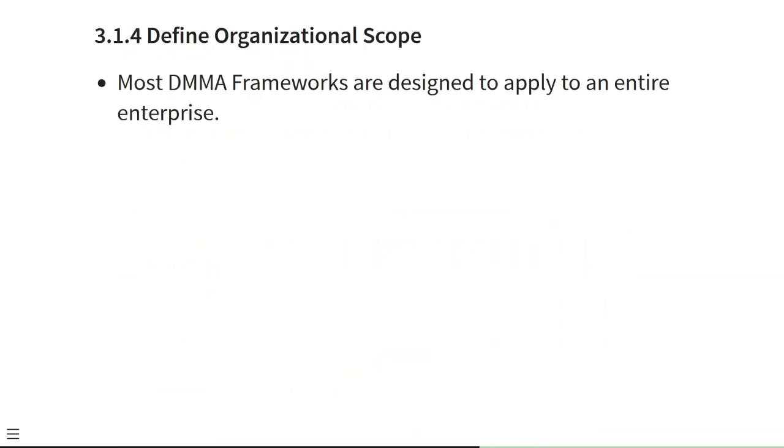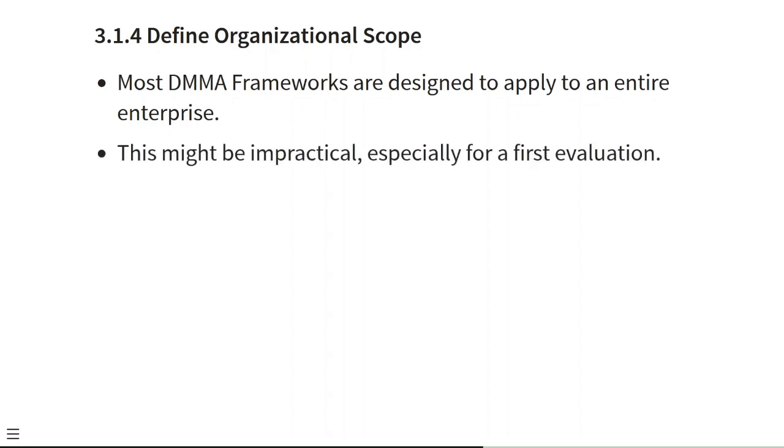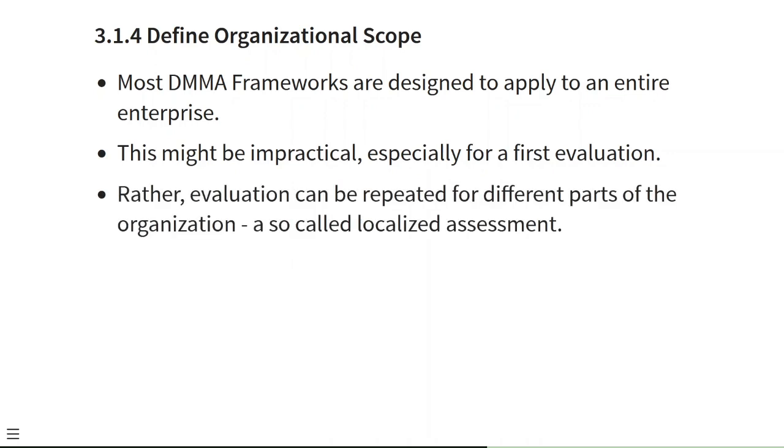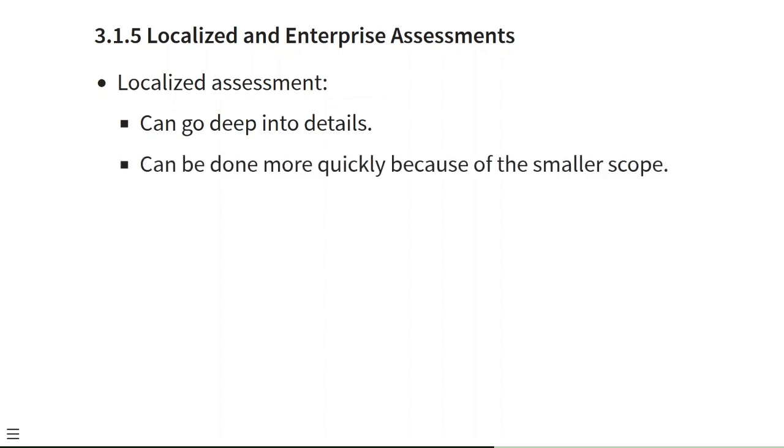Most DMMA frameworks are designed to apply to an entire enterprise. This, however, might be impractical, especially for a first evaluation. Rather, evaluation can be repeated for different parts of the organization, a so-called localized assessment. A localized assessment can go deeper into details and can be done more quickly because of the smaller scope.